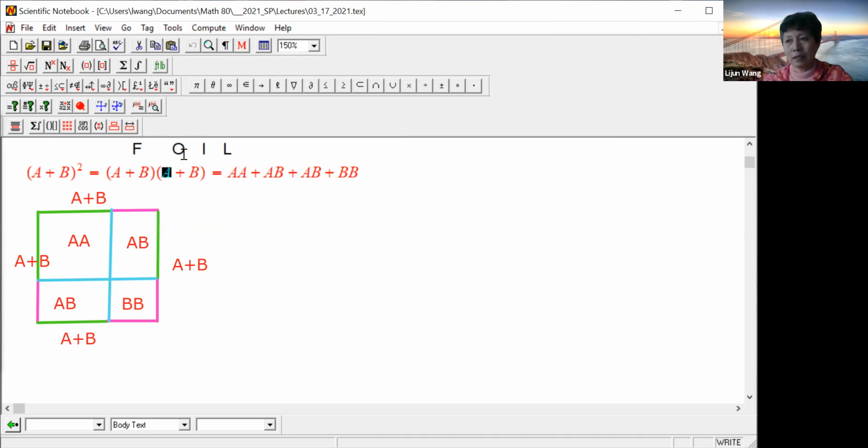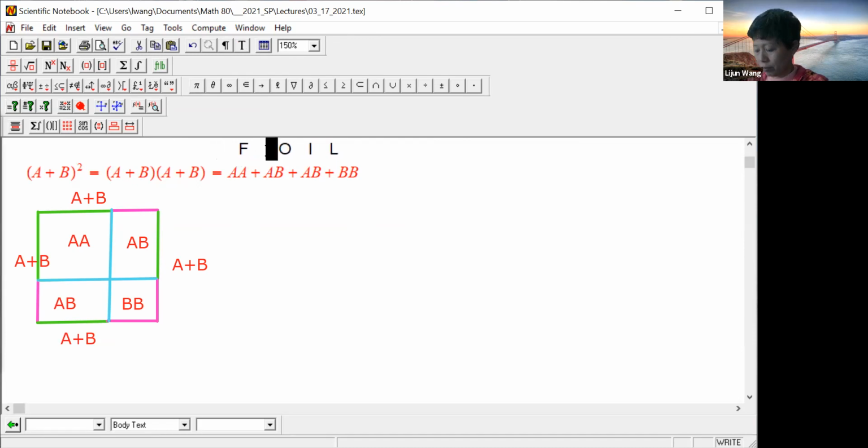So the O is for outside, which is A and B. The I is inside, B and A. So we have AB. And L is for last. So B times B is the last. So this is also the FOIL, the consequence of FOIL. You guys follow me? FOIL.